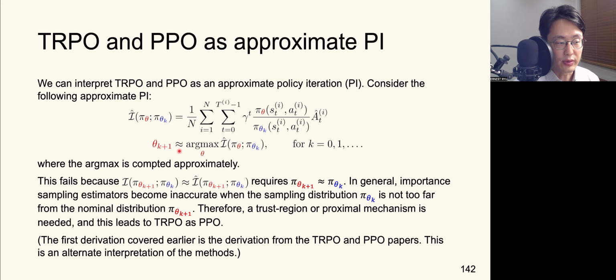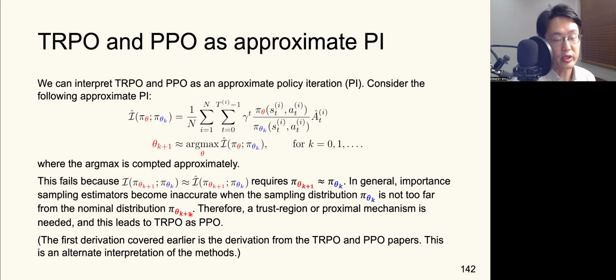Now, if we were to do this, this version of approximate policy iteration would fail. This fails because this approximation, I hat being close to I, requires that these two distributions, pi theta k and pi theta k plus 1, are not too different. So this was discussed in our earlier derivation of TRPO. In general, if you have an importance sampling estimator, it becomes inaccurate when the sampling distribution gets too far from the nominal distribution.